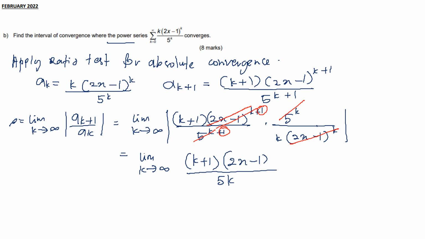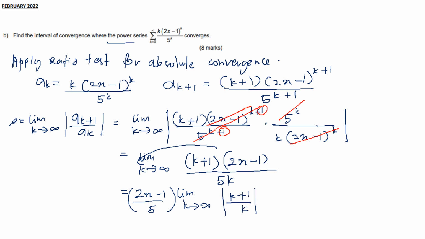So to solve this, you bring 2x minus 1 forward, (2x minus 1) over 5, times the limit as k approaches infinity, so we are left with (k plus 1) over k. To solve this, you have to divide with the highest power in the denominator, so (2x minus 1) over 5, the limit as k approaches infinity, you divide with the highest power, k divided by k plus 1 over k.